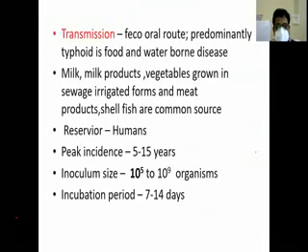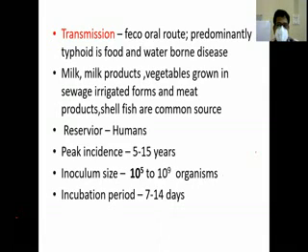Okay, and we'll see the transmission. As you know, Salmonella typhi is a fecal-oral route transmission. Predominantly, typhoid is a food and waterborne disease. Milk products, vegetables grown in sewage irrigated farms, and meat products are the common sources.